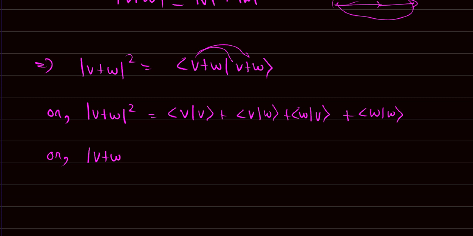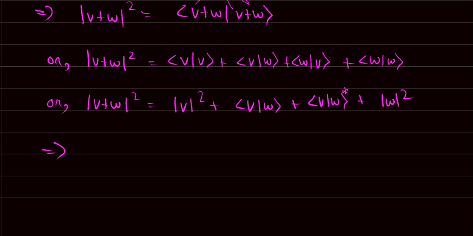Now V plus W square will give us V square plus VW, and from the first axiom, W into W will give us W square.